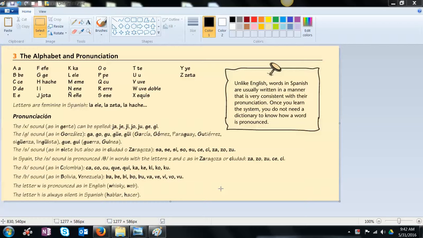Okay, so I'm going to go ahead and go over the alphabet with you. Out to the left-hand side, you will see the letters, and to the right are how you say each of those letters. So let's go ahead and repeat them.